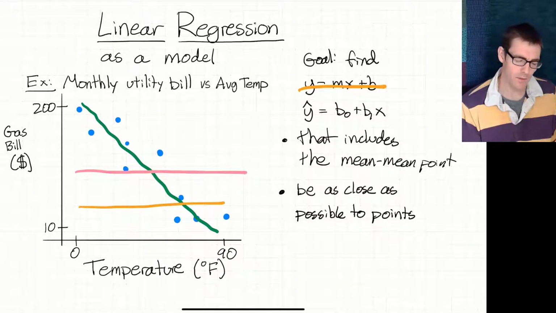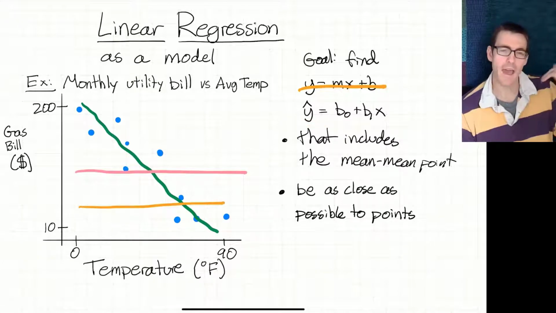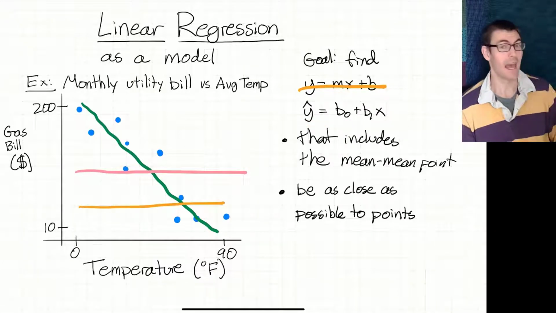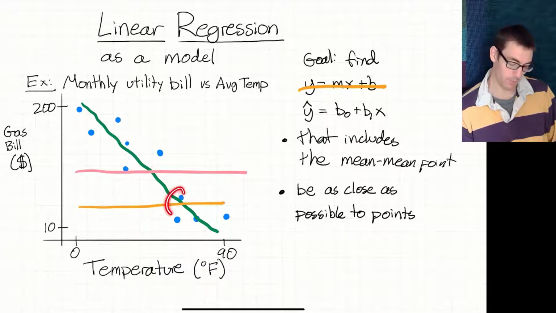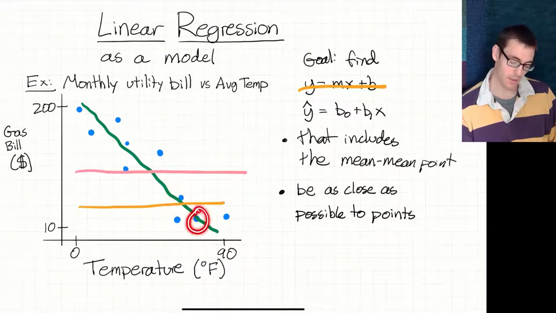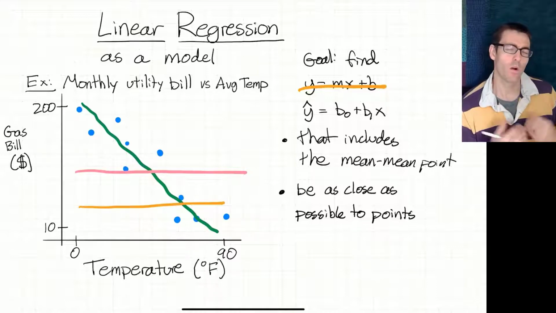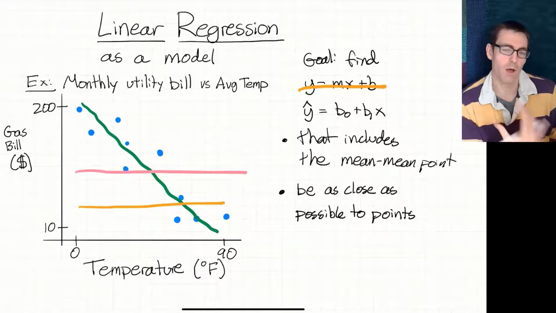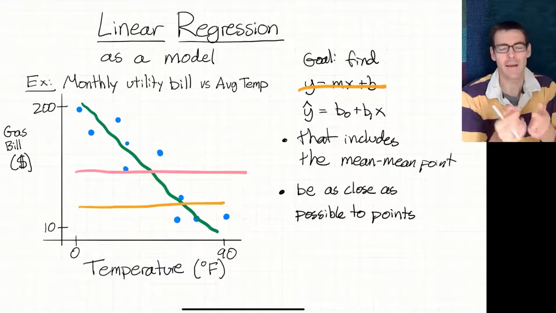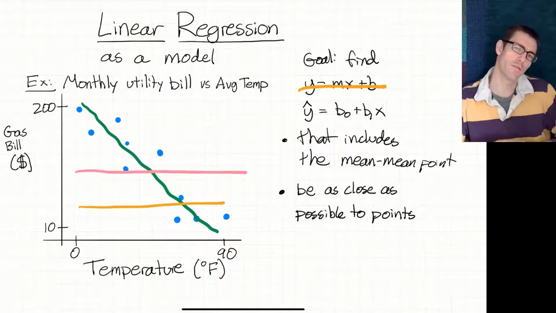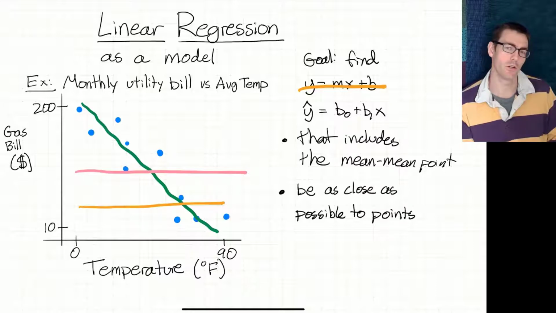And it's worth pointing out that our best line might not actually exactly hit any of the points, right? We got pretty close here and here, but we're still probably a little bit off. And that's okay. We're not asking our model to be exact on any of them. The goal is just on the big picture. We want to be as close as possible.